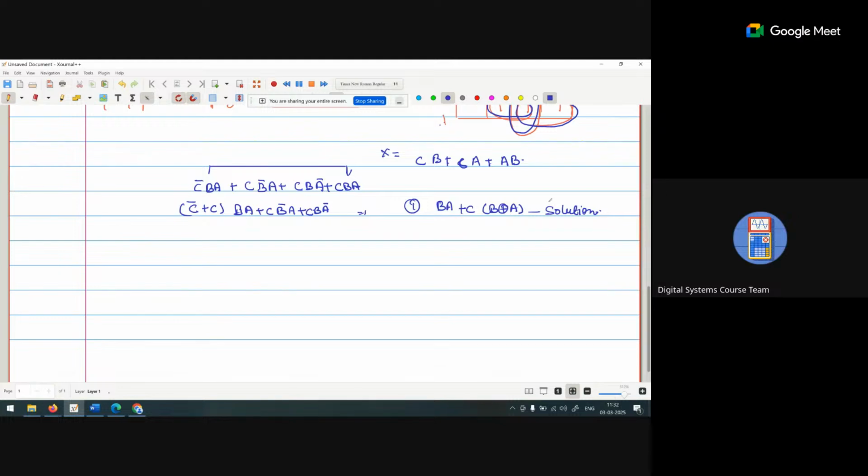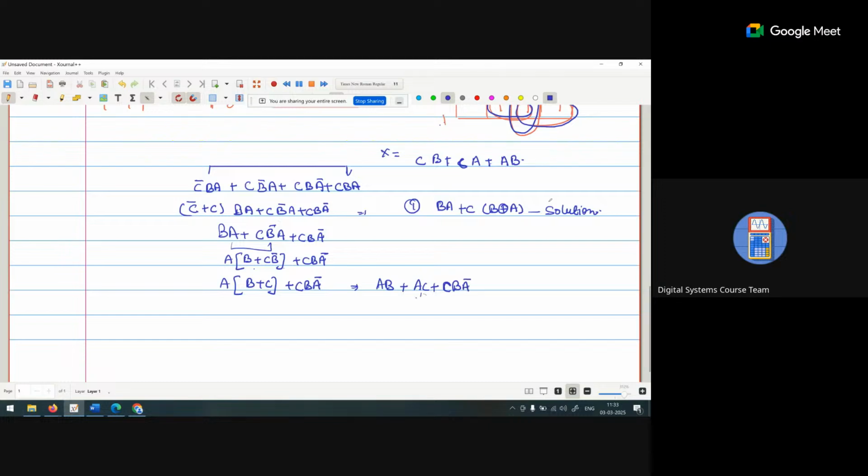Now, if I take the BA plus CB bar A plus CB A bar. Now, from these two, I take A as common. So it is A B plus CB bar plus CB A bar. So it is A B plus C plus CB A bar. So it is AB plus AC plus CB A bar.